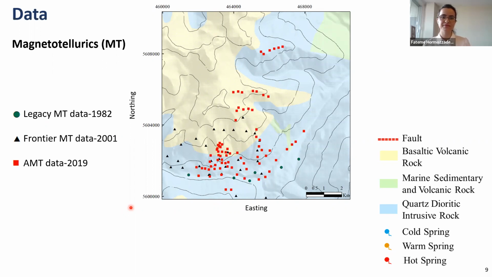Most of these fractures, based on the literature and geology papers that I read for the study area, are related to those explosive eruptions. But in addition, there are also recent bedrock mapping studies, which can be followed on the Geoscience BC webpage. I think they will share that.